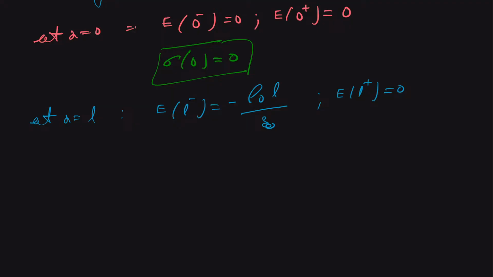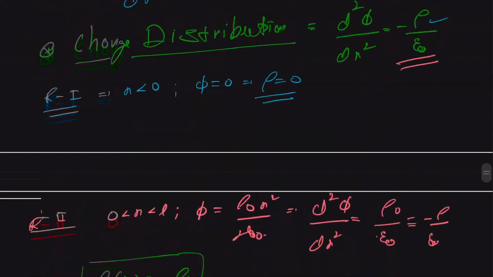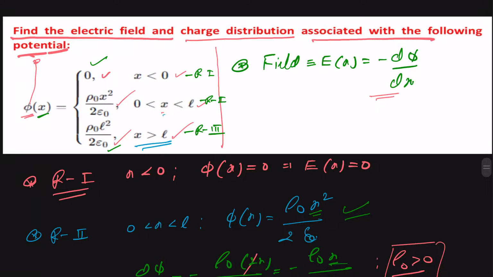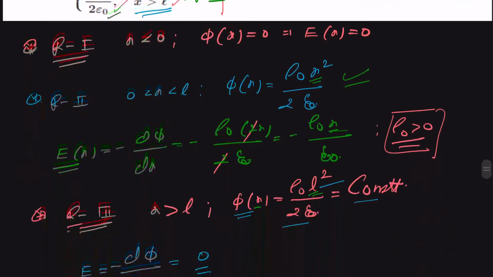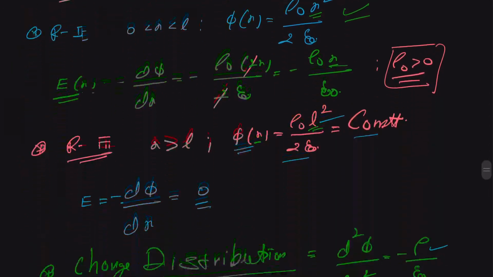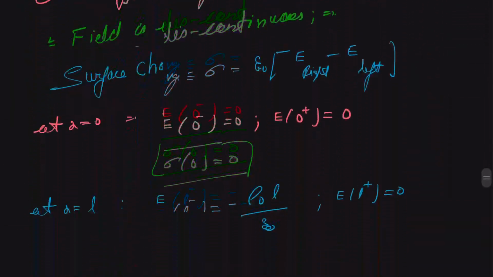Negative means the left side, positive means the right side. And this we can easily differentiate based on the limits. We already found the respective electric field on the right side as well as the left side. So x less than L will give us L negative, and x greater than L will give us L positive, like in limits.